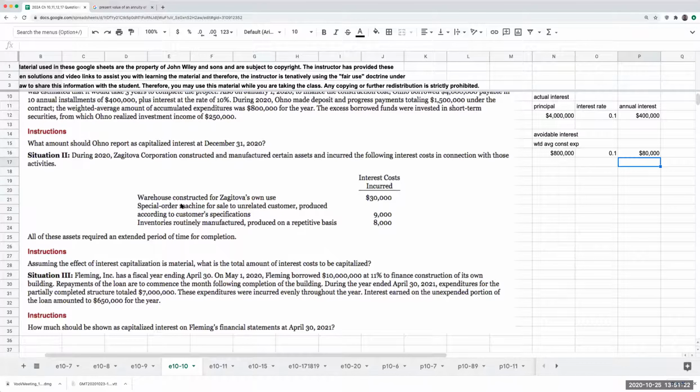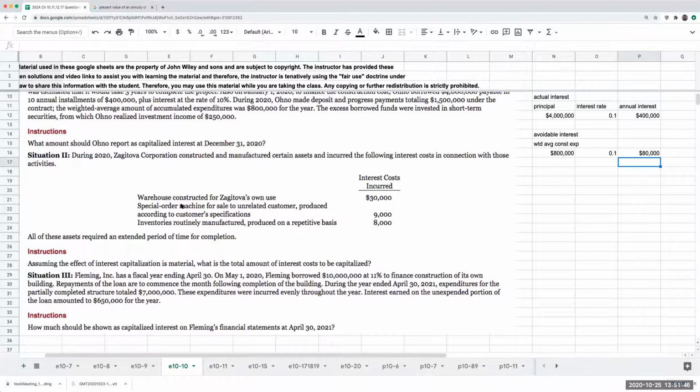Assuming the effective interest capitalization is material, what amount of interest cost should be capitalized? This is giving us a little bit of a different situation, because we don't know what the weighted average expenditures are, but really what this question is driving towards is, as we look at these interest costs, what should we be capitalizing? So let's look at the first one here.